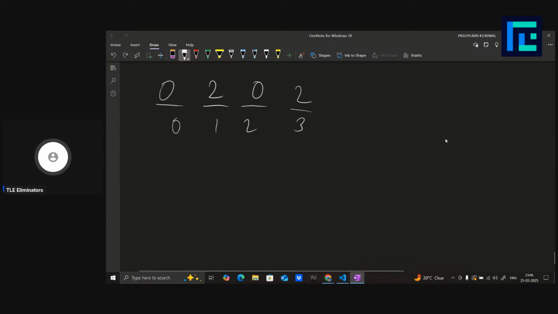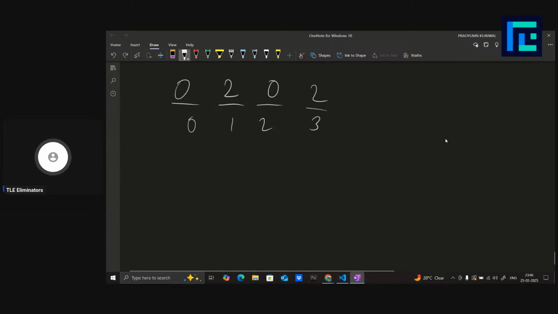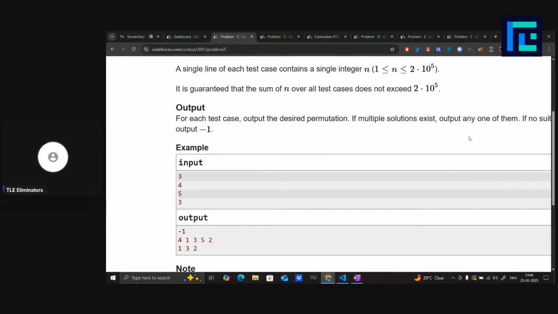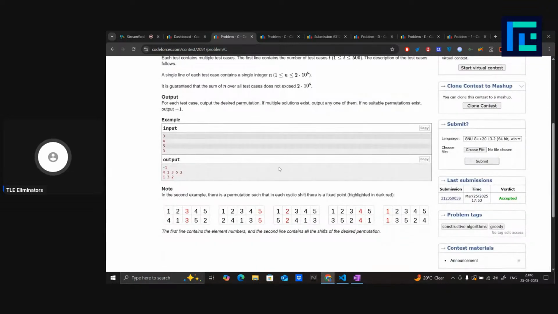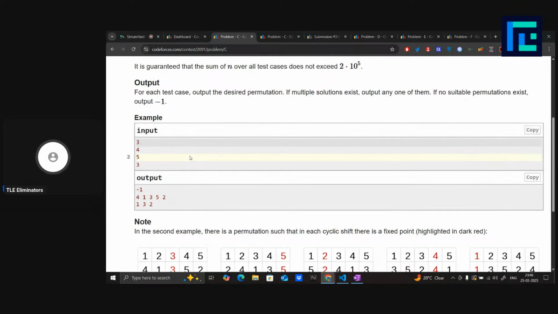So my strategy of creating these cyclic shifts using this mod operator doesn't seem to work for even numbers, and actually that's why I just submitted it, assuming that it doesn't work for even numbers, and it got accepted. But I don't actually have the formal proof that there is no permutation for even numbers.